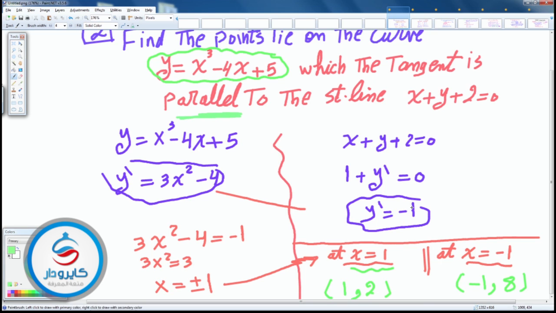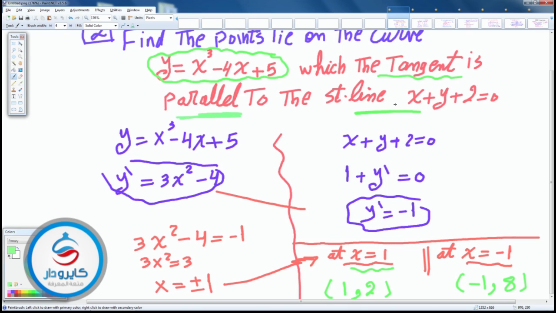What is the condition? The tangent is parallel to the straight line x plus y plus 2. So how can we evaluate our solution? By the way, if we look at the first derivative of the curve, we will find that x is raised to the power of 2.